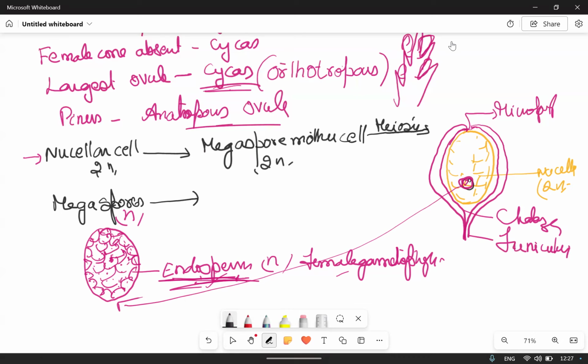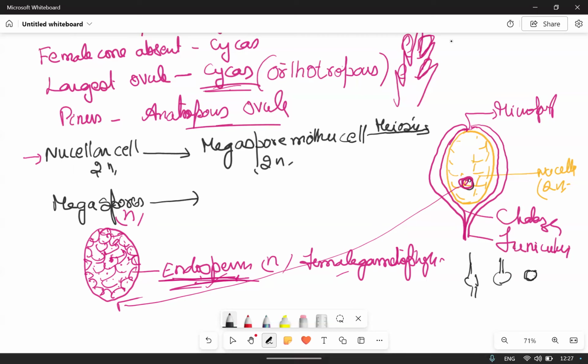In bryophytes, the archegonium is flask shaped with a stalk, venter and neck. In pteridophytes, only venter and neck are present. In gymnosperms, only the venter is present. In Gnetum, which is the advanced type, the archegonium is absent.